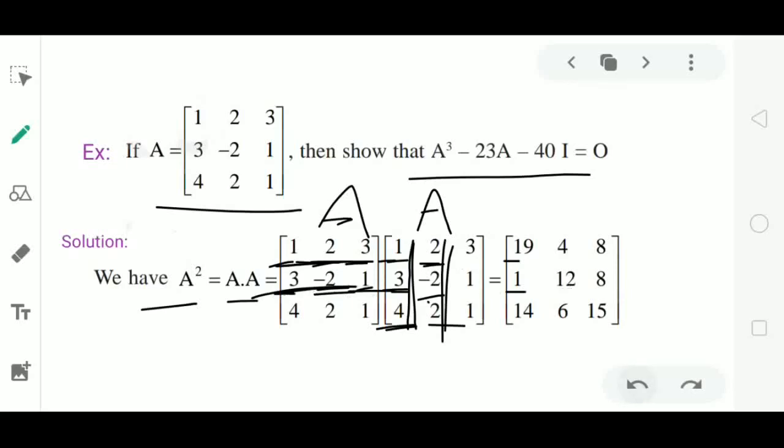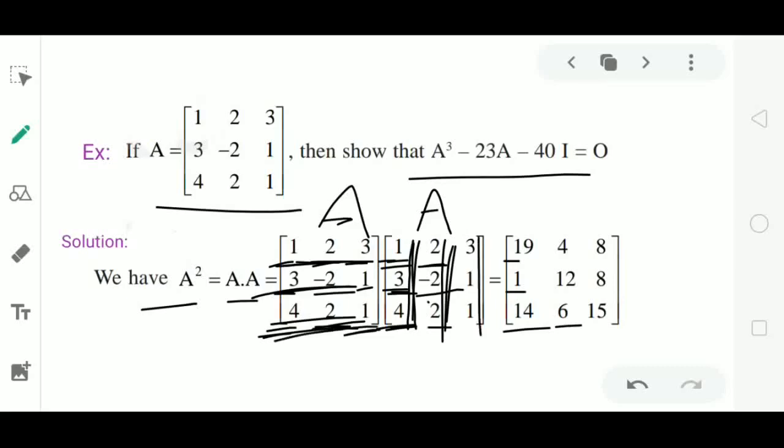Next, consider third row. Third row, first column, 4 into 1 plus 2 into 3 plus 1 into 4, which is 14. Third row, second column, 4 into 2 plus 2 into minus 2 plus 1 into 2, which is 6.